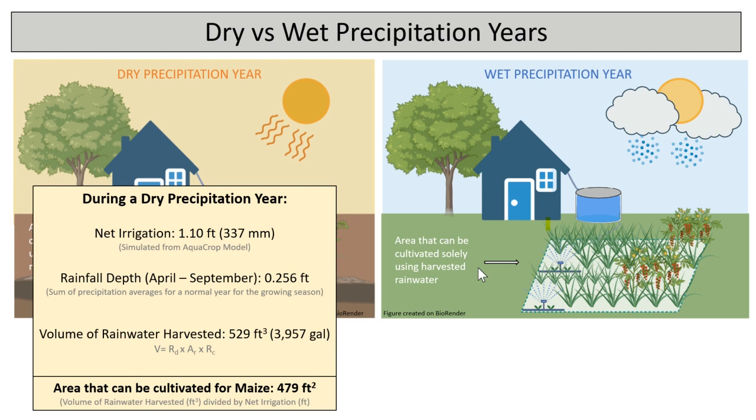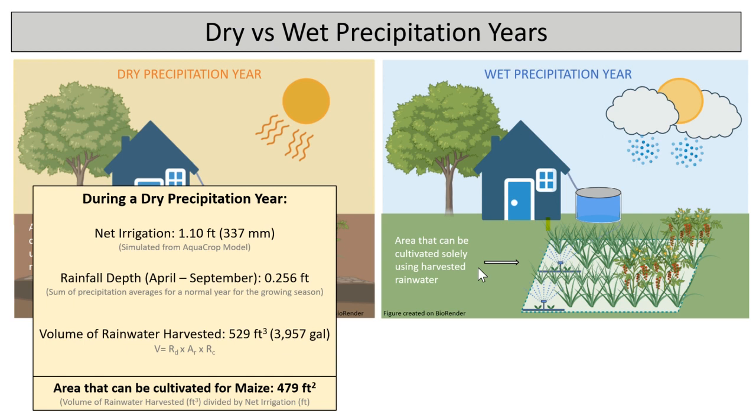The rainfall depth was determined to be 0.256 feet, which makes sense since we do expect less rain during a dry precipitation year. The volume of the rainwater that can be harvested was 529 cubic feet or 3,957 gallons, which checks out. It's less than a normal precipitation year. So we should expect that the area that can be cultivated for corn to be less than the normal precipitation year, which indeed is at 479 square feet.